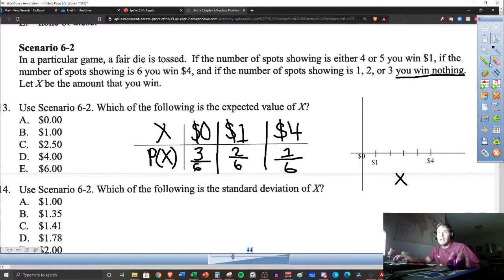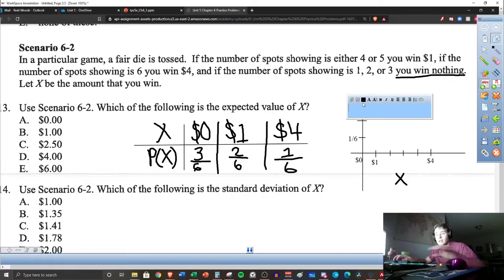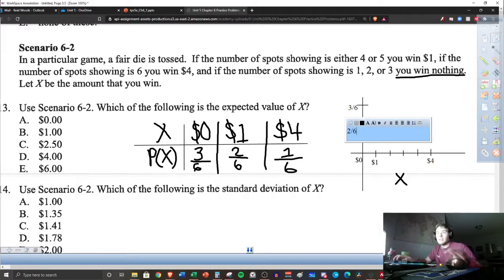Now on the y-axis, we want to put our probabilities. So we'll go up 1, 2. We only need 3 here because this is going to be 1 out of 6, 2 out of 6. No, sorry, 3 out of 6 at the top. And then 2 out of 6 in the center.